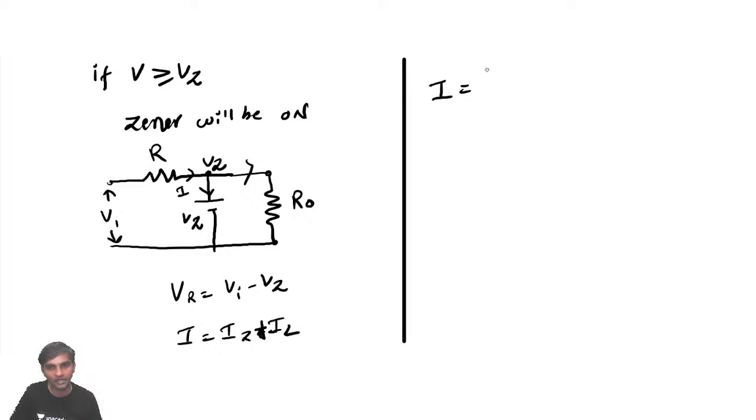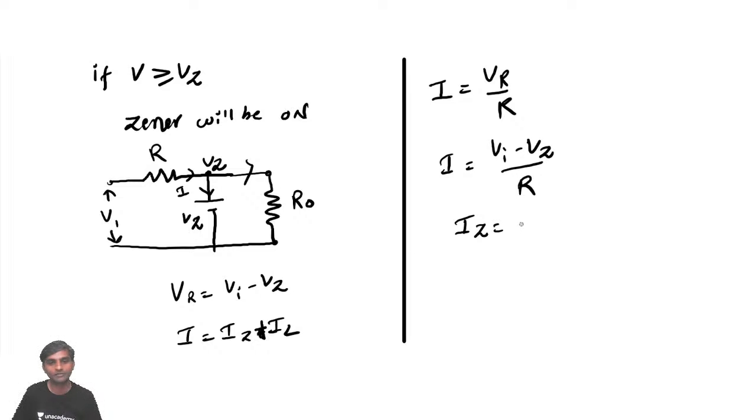So the current I is going to be VR by R, so I is going to be Vi minus Vz by R. Then what is Iz? Simply I am rewriting it as Iz equals I minus IL.